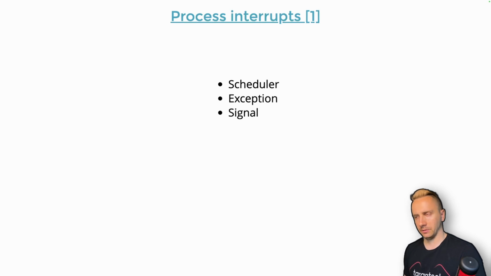An interrupt happens when either the scheduler interrupted the task because its time slice was finished, or a higher-priority task appeared, or an exception has been raised by the kernel or hardware, or a signal has arrived. Exception, I don't mean a C++ exception. I mean a more low-level hardware exception.